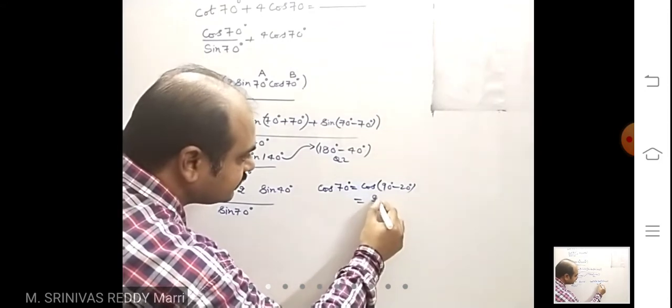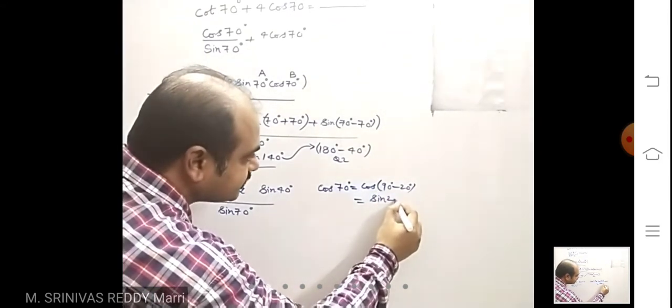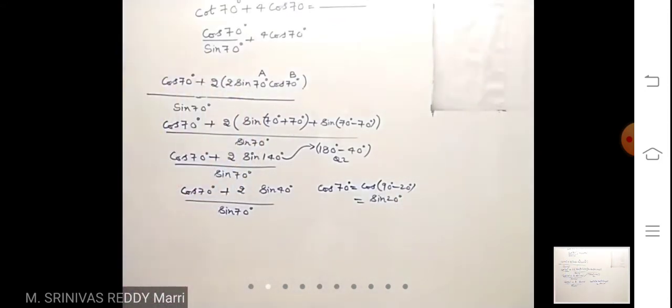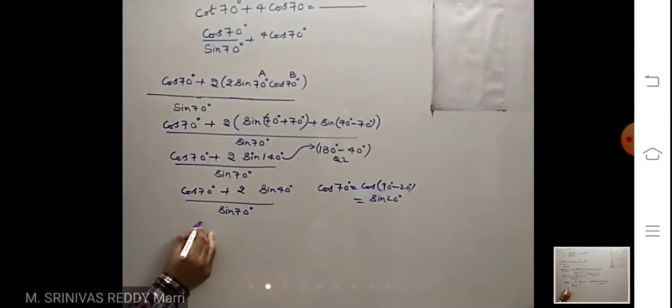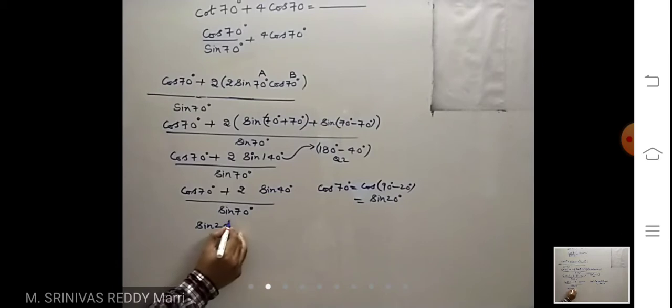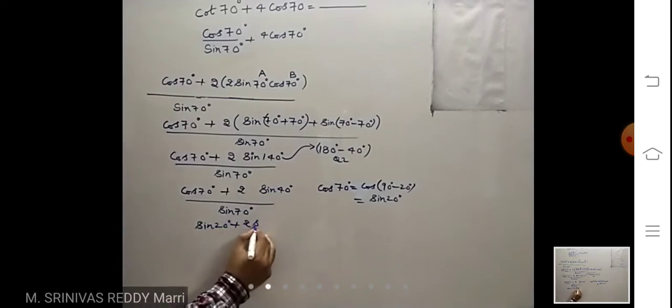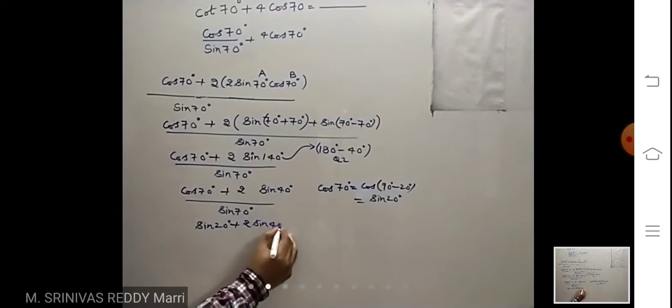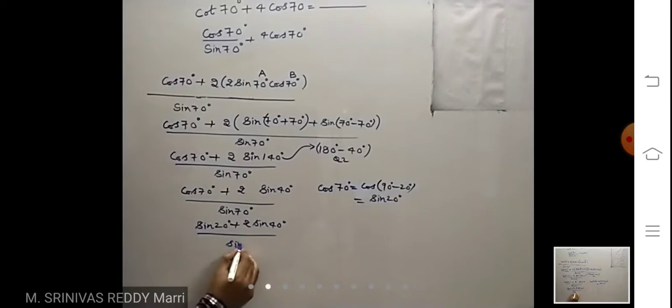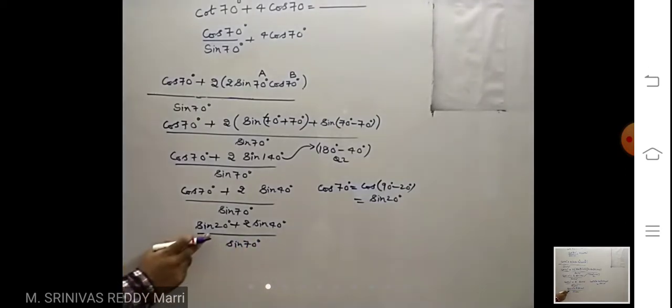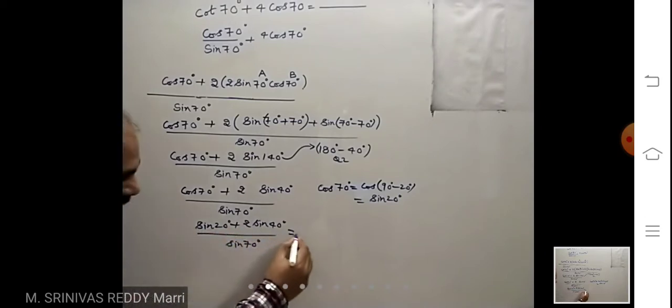That means this is nothing but cos of 90 minus theta, which is sine 20. I am writing here in terms of sine. Sine 20 degree plus 2 sine 40 degree divided by sine 70 degree.